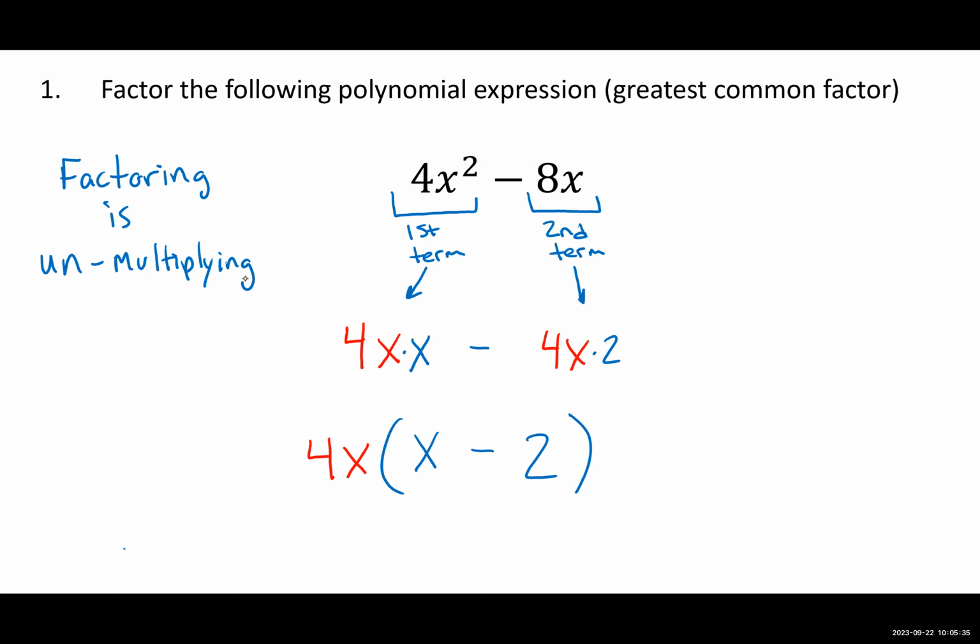So it's the reverse of the distributive rule. If I were to say at this bottom step here, the 4x parentheses x minus 2, if I said multiply, you would multiply 4x times x, and you would multiply 4x times 2, and you would get the original problem, 4x squared minus 8x. Factoring is doing the exact opposite of multiplication. So our final answer, 4x parentheses x minus 2.